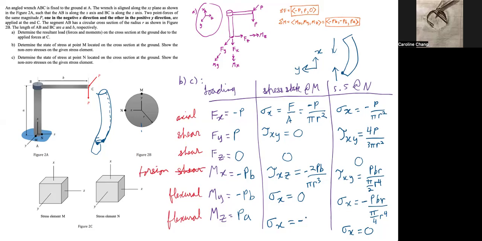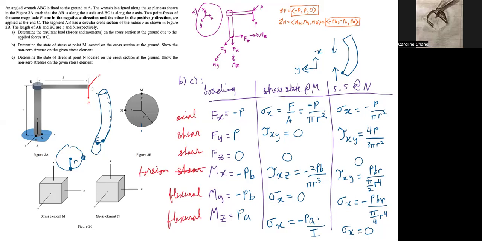And the stress is given by the moment Mz, and the distance is going to be given by, actually, y, since you're looking at it from this perspective, which is r in the y direction, over I. So plugging in known values, we know that Mz is going to be equal to PA, and that y is going to be equal to the radius.